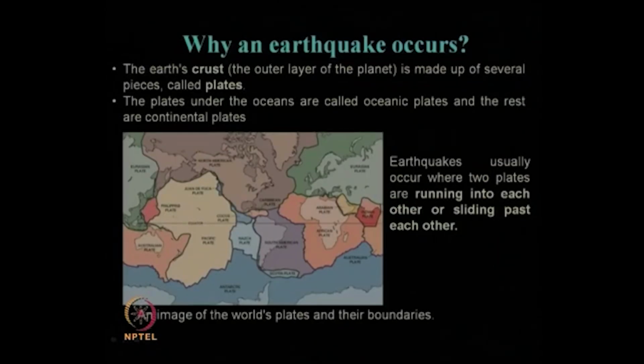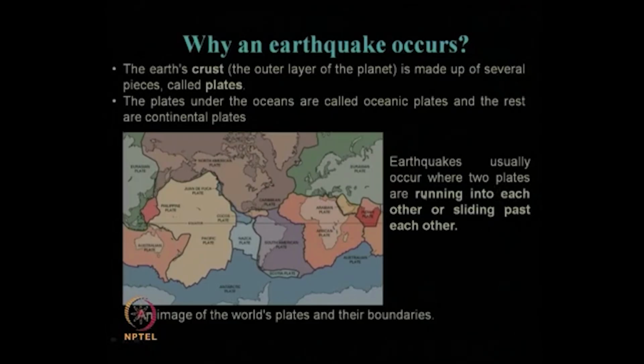As far as the tectonic plate movement is concerned, we have seen that earth's crust is made up of several pieces which are called plates, and there can be oceanic plate and continental plate. These are the two major types of plates, and these are various plates which we have discussed in the previous lecture, which move with respect to each other.